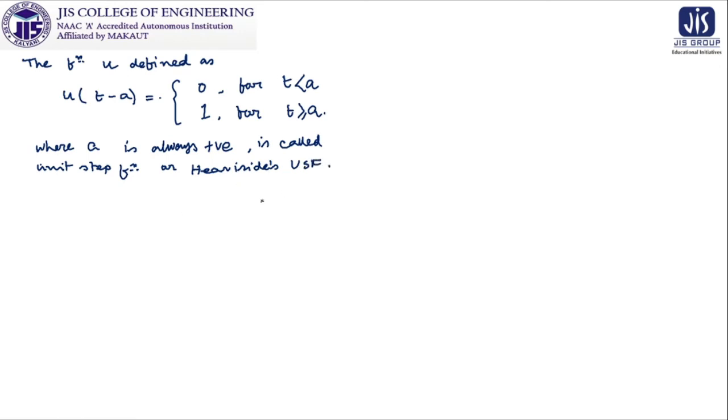Okay, so now if we want to visualize this, what can we see? Look at this. We have drawn the axes, and this one is u of t minus a, and this one is t. This is 0.